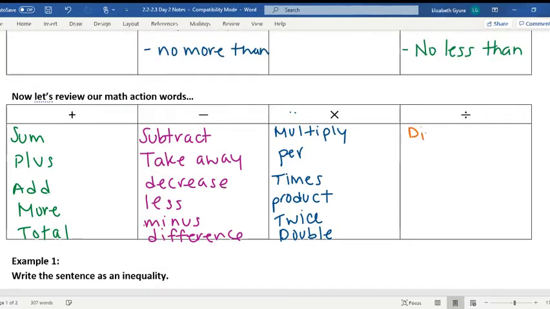Divide. Is there a fancy word for divide that starts with the letter Q? Quotient. Good. Any other ideas? Division's a little harder. There aren't as many good options.